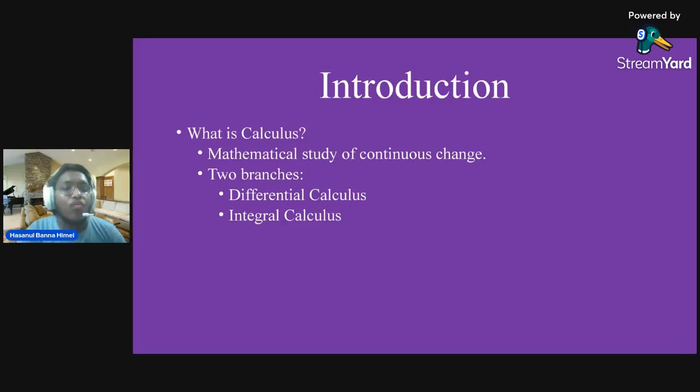We also know that calculus has two parts: one is called differential calculus and the other is integral calculus. In differential calculus we do differentiation, and in integral calculus we do integration.